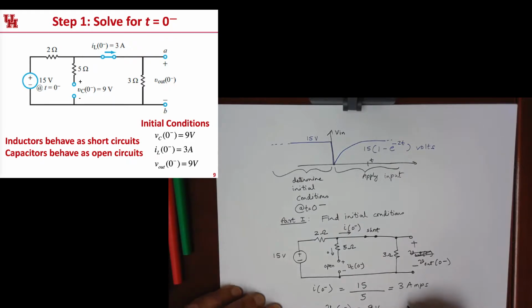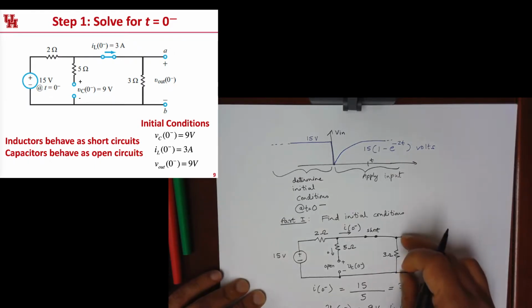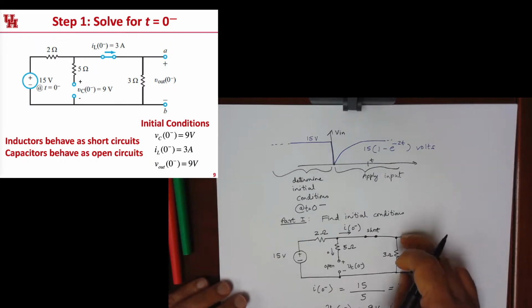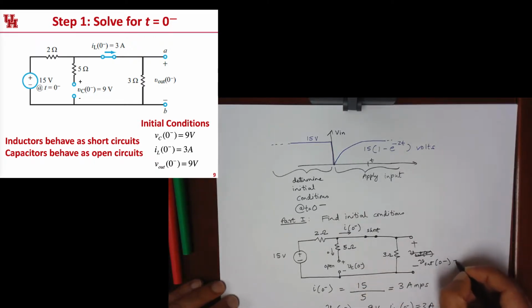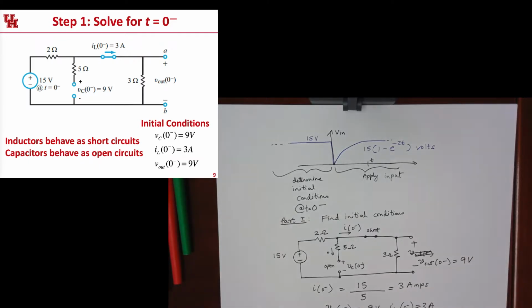The initial current through the inductor is 3 amps, like we just discussed, and the output voltage is going to be 3 amps times 3 ohms, so the initial output voltage is 9 volts. Now we have the initial conditions for this circuit.